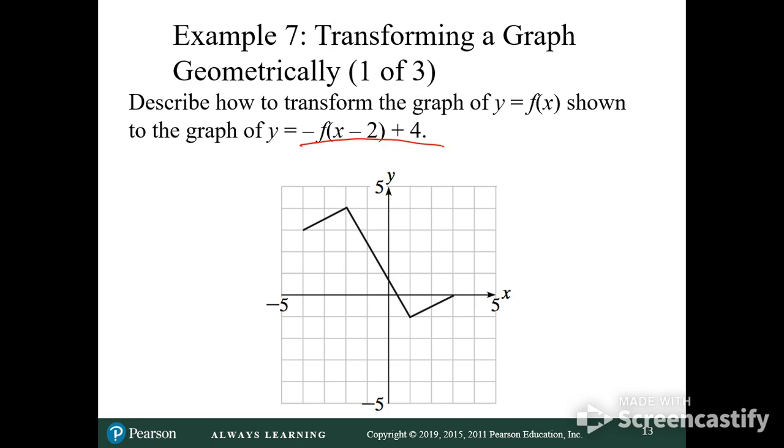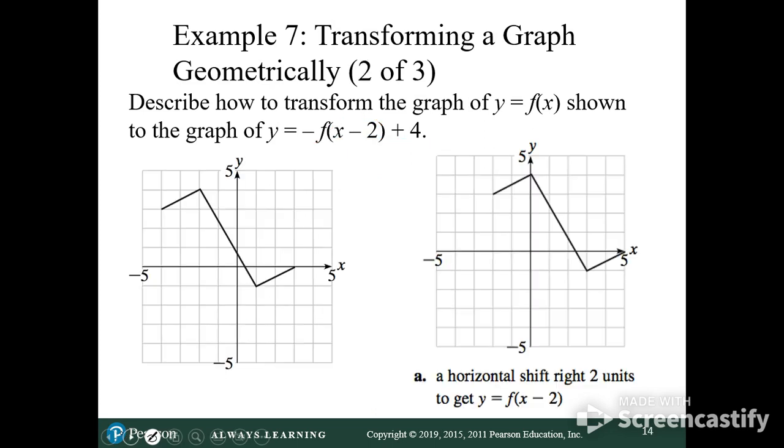What I like to do is work from inside out. Okay, here's inside, so that's going to be first. What does x minus 2 do to it? It moves it 2 to the right. So everything goes 2 to the right. Okay, then we take care of this.